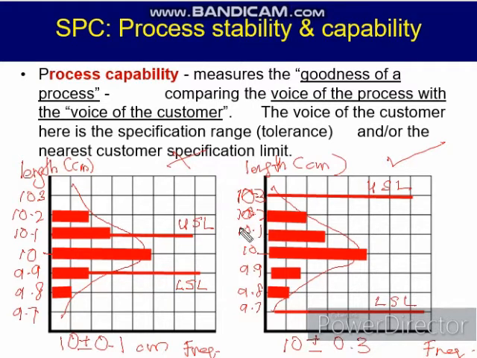So when you look for process capability, this is what you are measuring: the voice of the process, what your process can do, against the voice of the customer with regards to specification limit. We are going to go into detail on how to do this analysis with proper equations and assumptions.